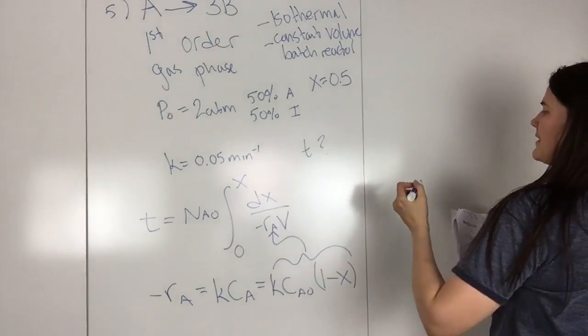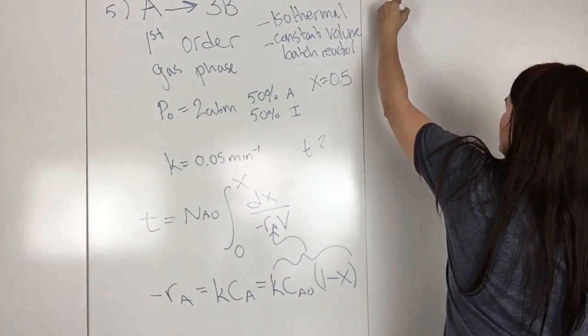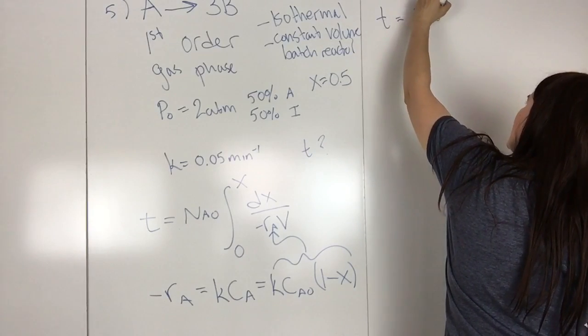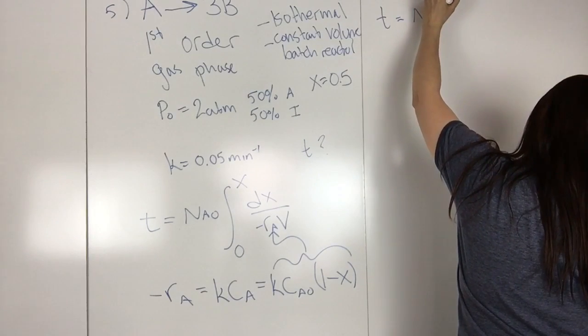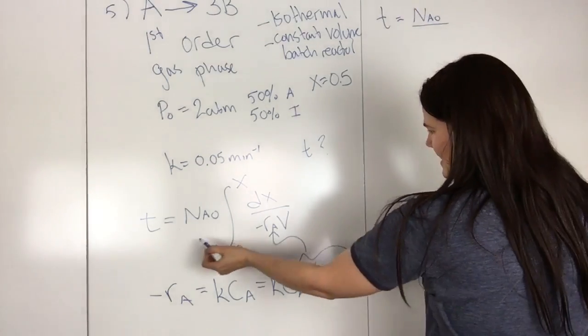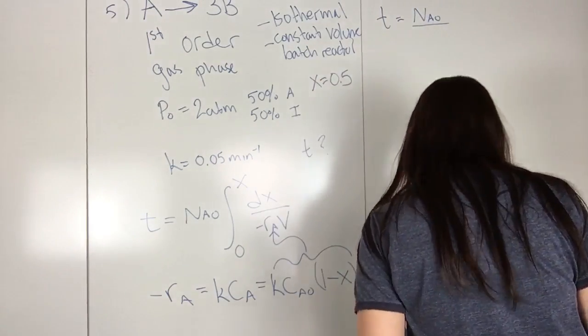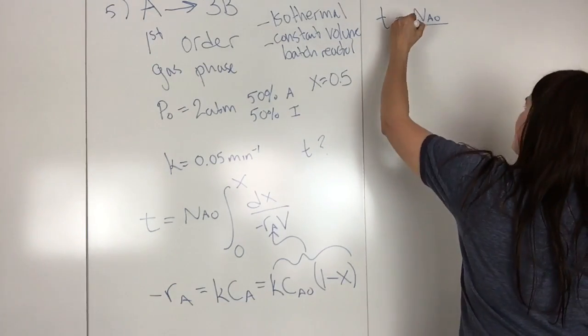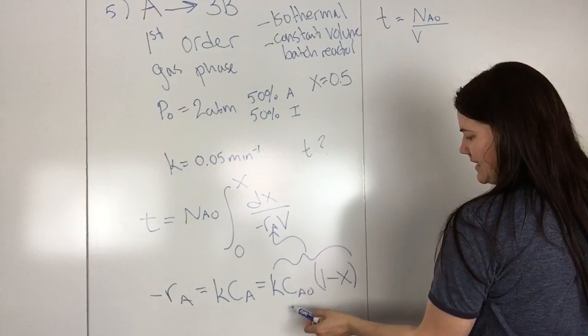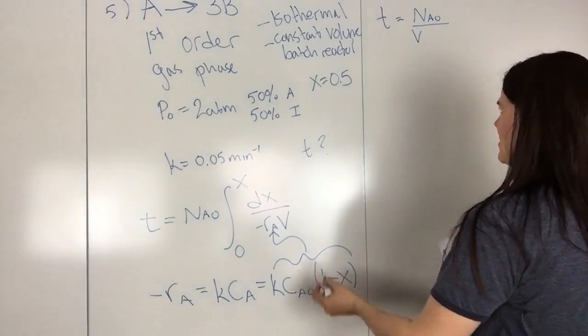So if we plug this into this equation, we get T equals NA naught over, and first of all we can pull this V out because it told us this is constant volume. Once we plug this in, we also know that k and CA naught are constant, so we can pull those out too.